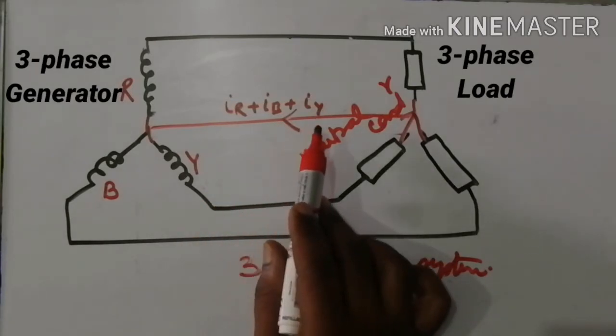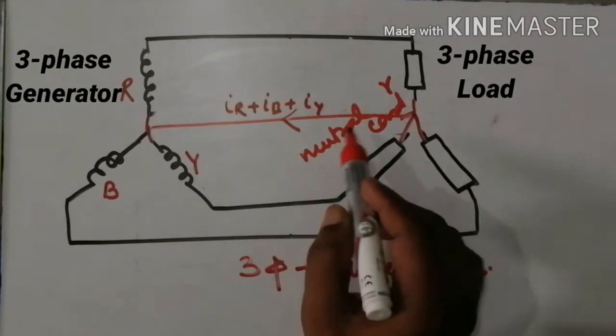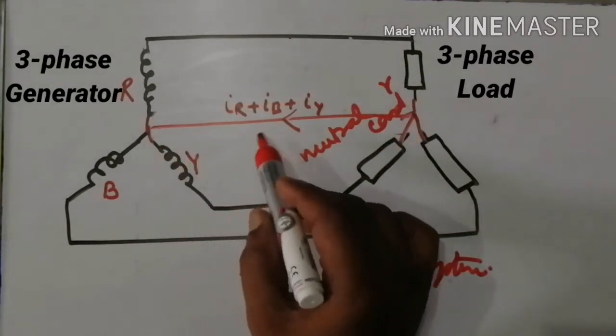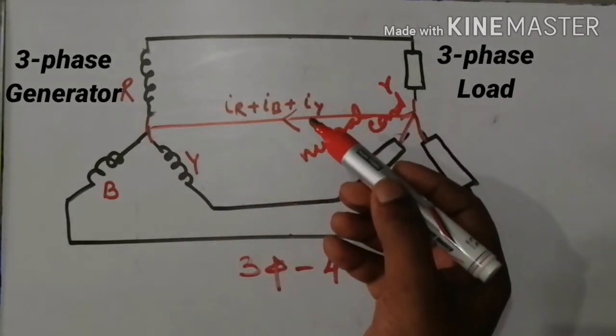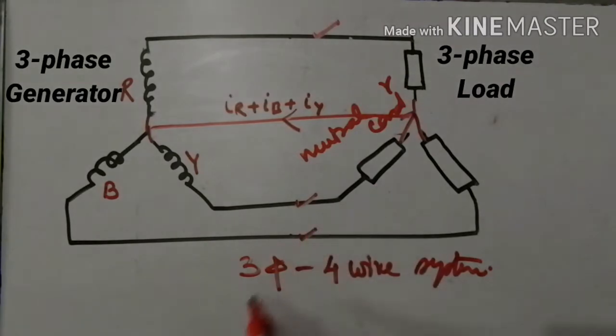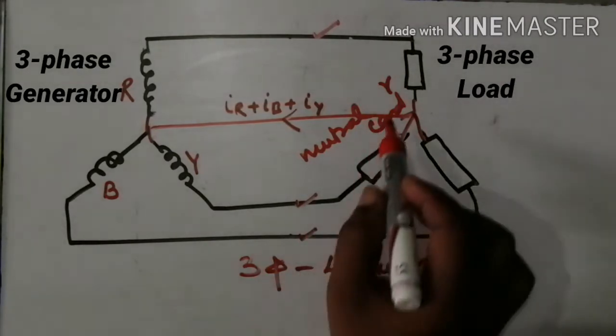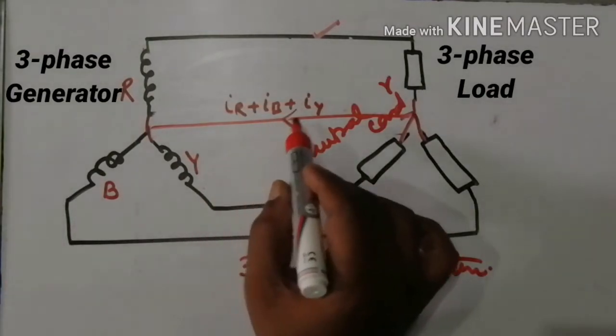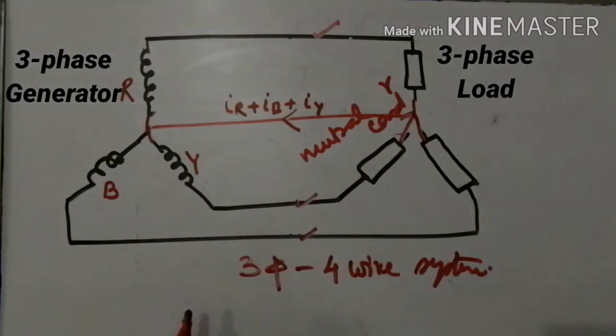Many of the people will think that the conductor required for the neutral should be 3 times the size of the other conductors, this one and this one, as it is carrying the sum of 3 currents, IR, IB and IY. But see the technicality.